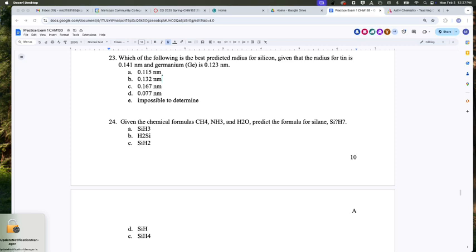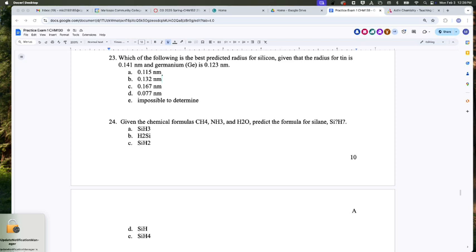So what can we do? That's what the data gives us. Is that the actual radius? Probably not. Actually, I have no idea. But this is the information we have at hand. So with that information, we can go back and look at our answer choices. 0.077, that's underneath.